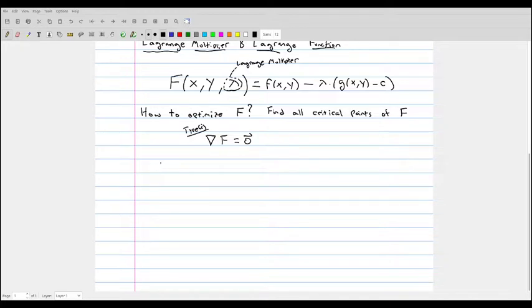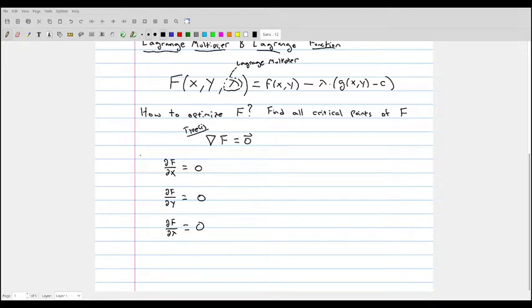Well, this is the same thing as having the x partial derivative of capital F be equal to 0, the y partial derivative of capital F be equal to 0. Then because capital F is a function of 3 variables, it also means that the partial derivative of F with respect to lambda also has to equal 0.